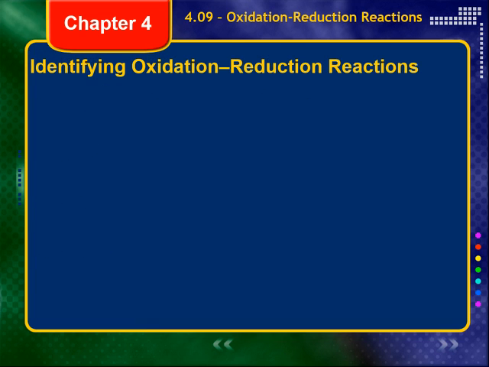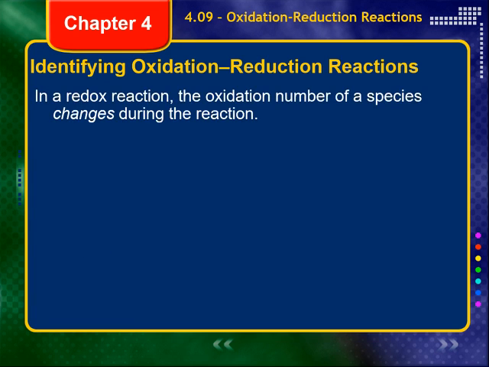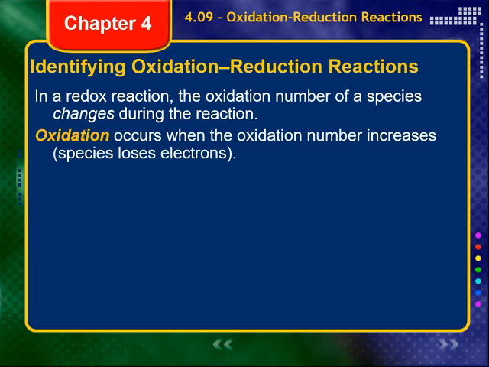One of the other objectives was identifying an oxidation reduction reaction. In a redox reaction, the oxidation number of a species changes during a reaction. Oxidation occurs when the oxidation number increases, meaning you're losing electrons. You have a more positive number.